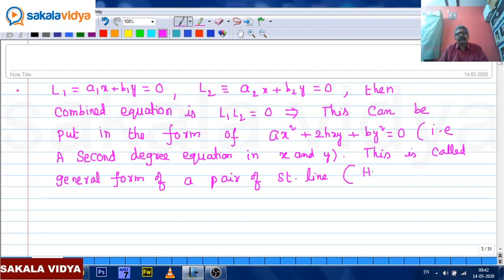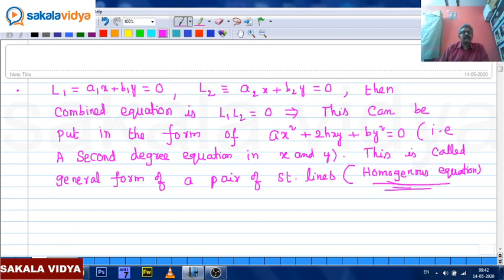This is called a homogeneous equation. Understood now? So ax square plus 2hxy plus by square is equal to 0 is known as a pair of straight lines, and it is also a homogeneous equation.